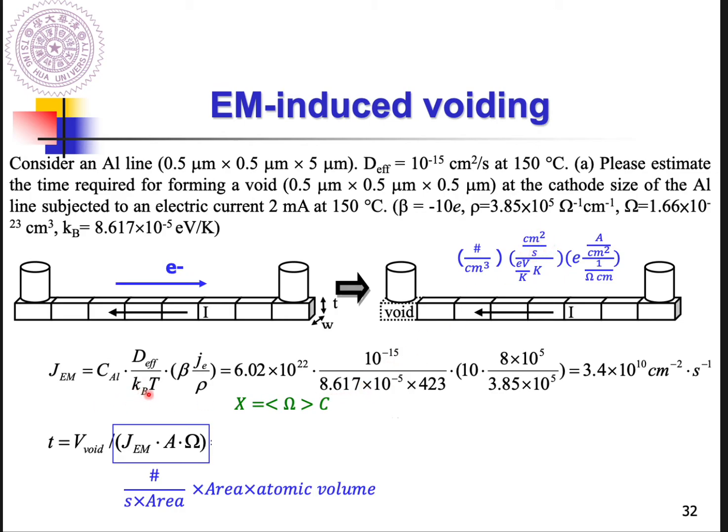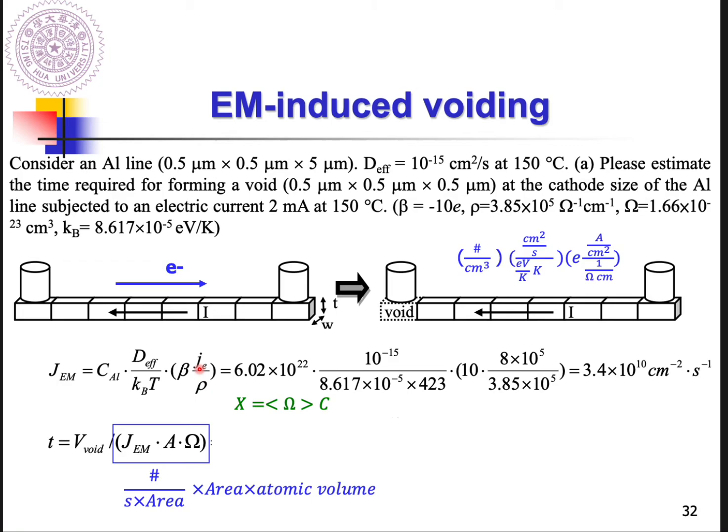And the bottom will be k_B. k_B I will just copy here. And the E here, I put eV divided by k. And the T here, I converted to Kelvin, which will be 423 K. I put a K here. And the beta will be what? The beta will be minus 10 E. Beta, I put a 10 here and the E here.